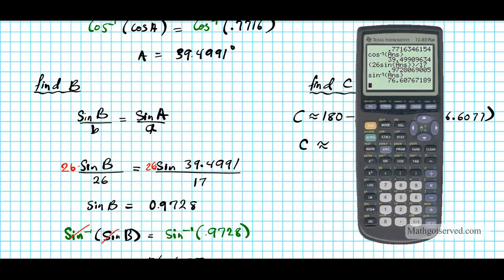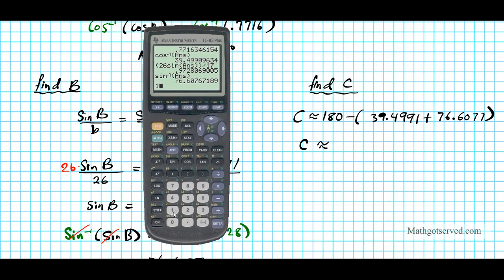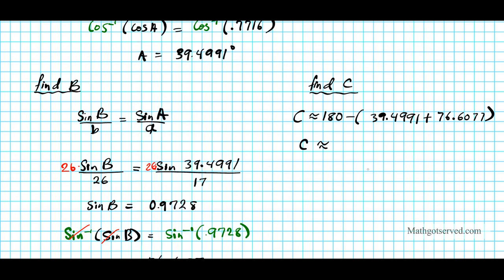We're going to have 180 minus our previous, actually 39.4991 plus, I'm going to call up my previous answer, enter, we have 63.8932. Okay, so angle C is approximately 63.8932 degrees.